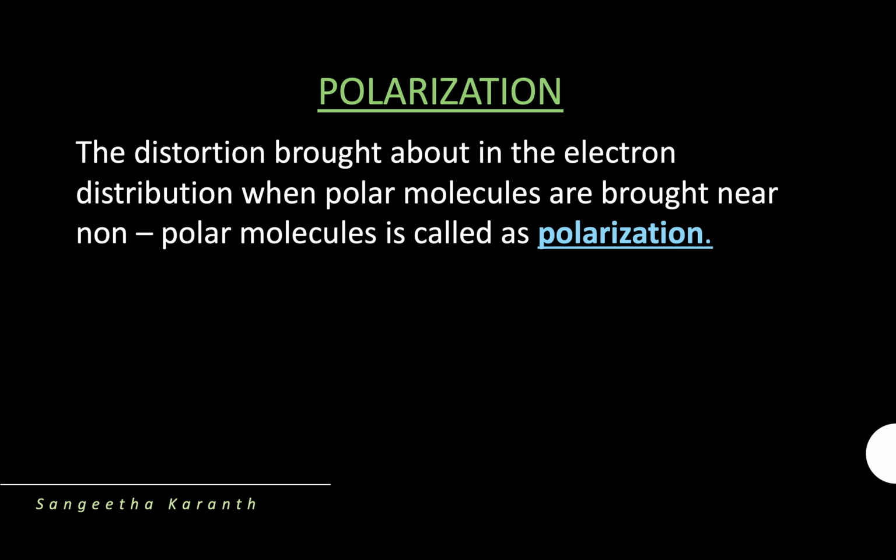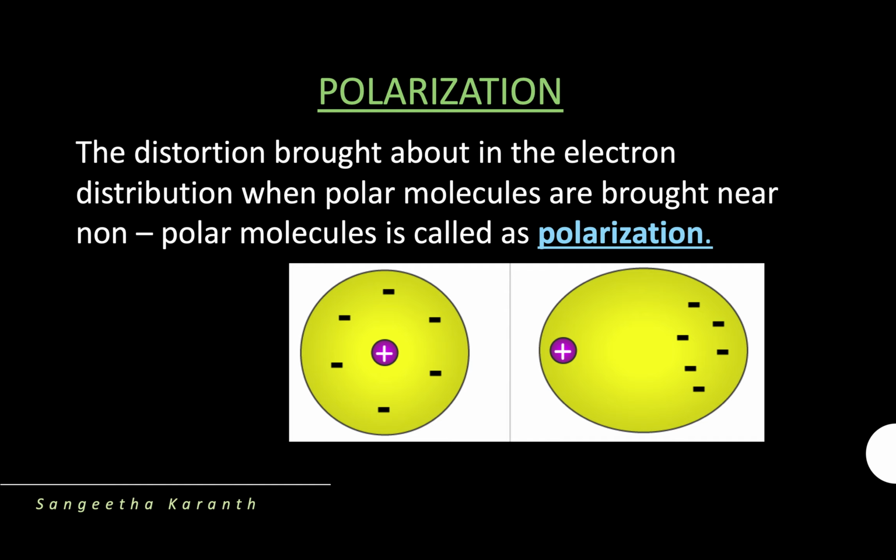Next, coming on to the concept of polarization. Polarization is nothing but distortion brought about in the electron distribution when polar molecules are brought near non-polar molecules. This picture will make you understand this concept more clearly. Here, this is a polar molecule.